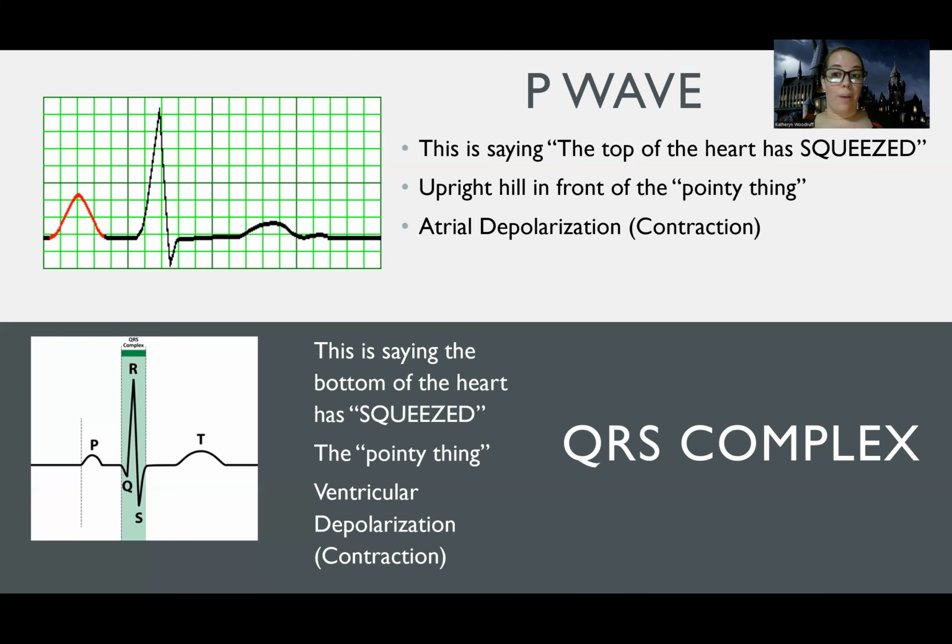So really important job. The atria are really important to get the blood to the ventricles, but with the QRS complex, the ventricles are your powerhouses.